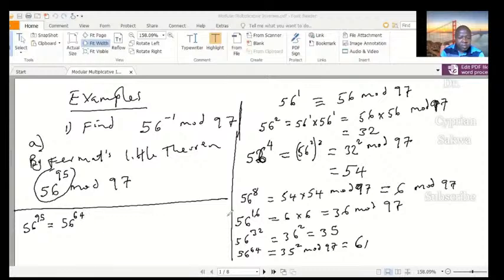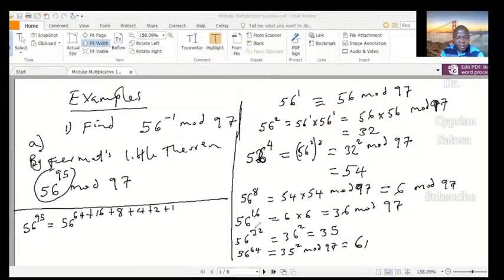So I'm looking at which of these numbers, if I add, I get 95. So I can see that if I have 64 plus 16, that would be 80, plus 8, that would be 88, then plus 4, that would be 92, 92 plus 2, that would be 94, plus 1, that would be 95.